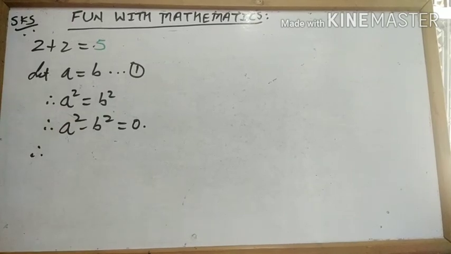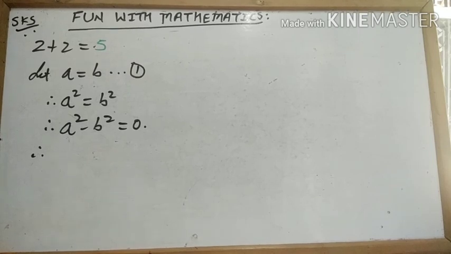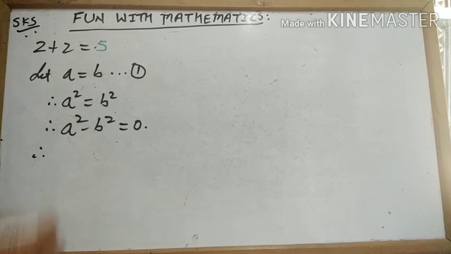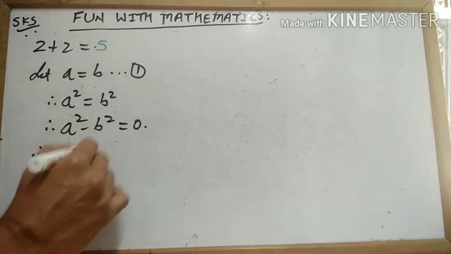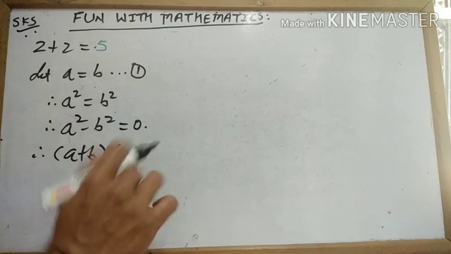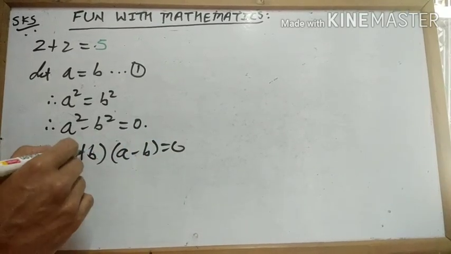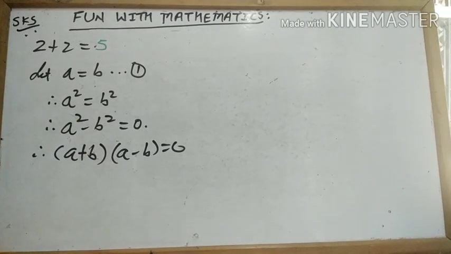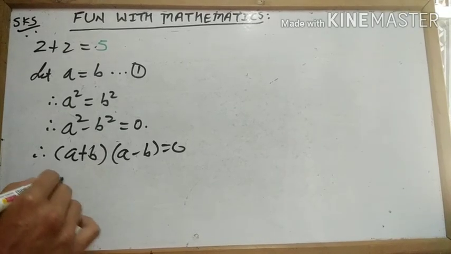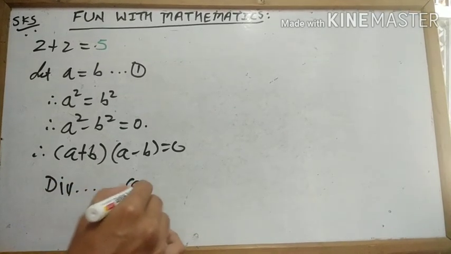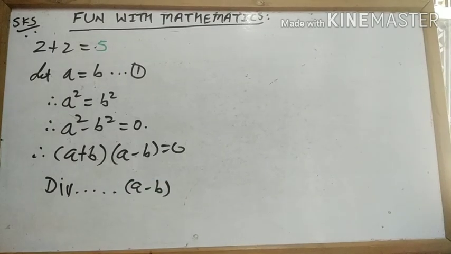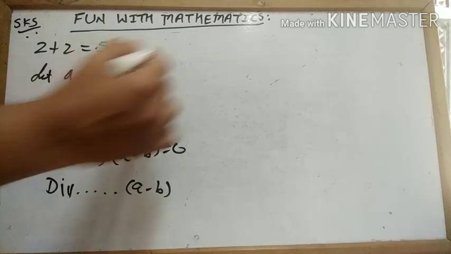If you look at this, you should remember an identity, that is A plus B into A minus B equal to A square minus B square. So I'm just applying the identity: A plus B into A minus B equals 0. I'm repeating, I've used the identity A square minus B square equals A plus B into A minus B. What I'm doing is dividing both sides by A minus B. You know the rules of equations, that whatever operation I do, I have to do it on both sides.